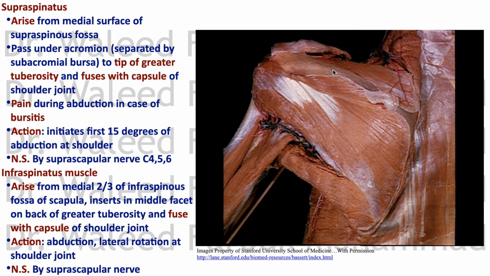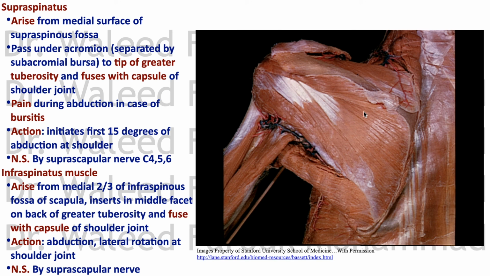You examine for lesions in the bursitis of the bursa between the supraspinatus and acromion, the subacromial bursa, by asking the patient to abduct the arm. He will experience pain, especially in the initiation of abduction.